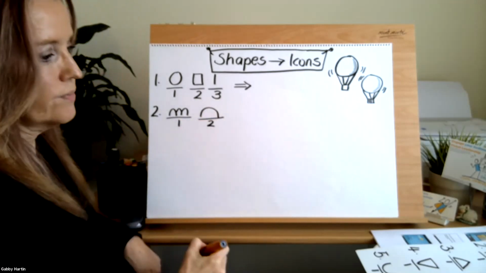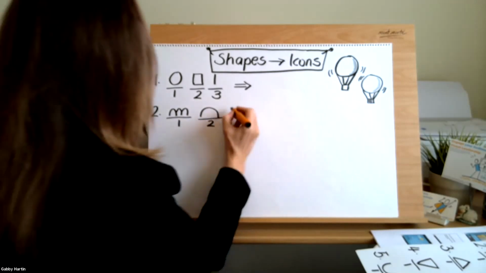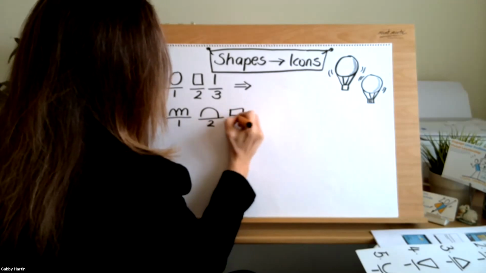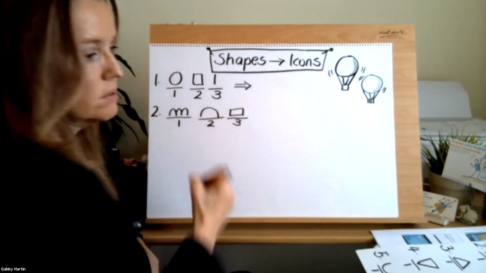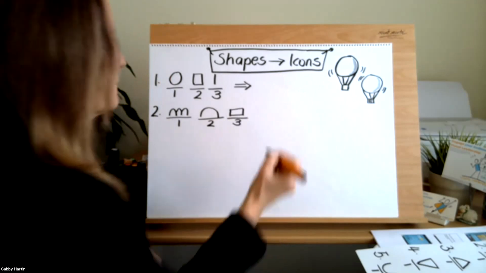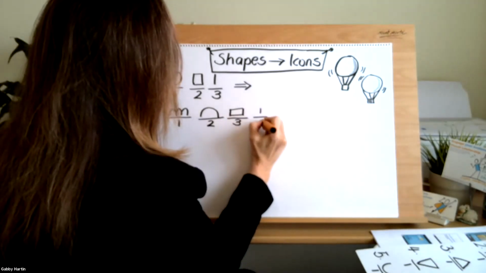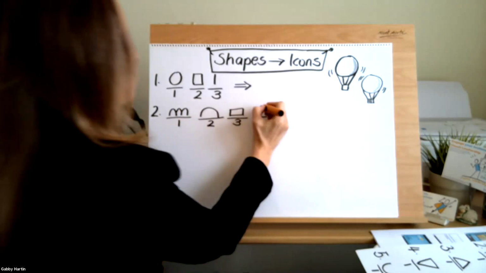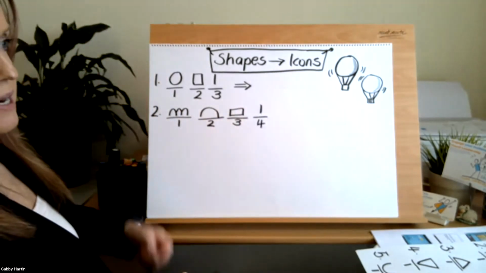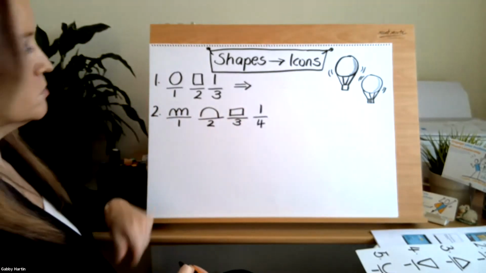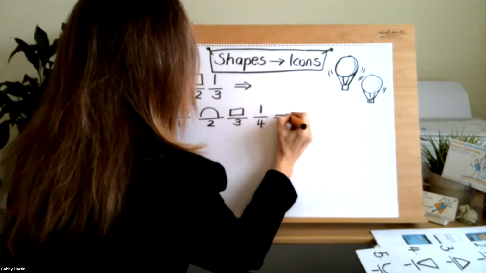The next shape is a rectangle. And the next shape is just a straight line. So we'll work with 4 there.